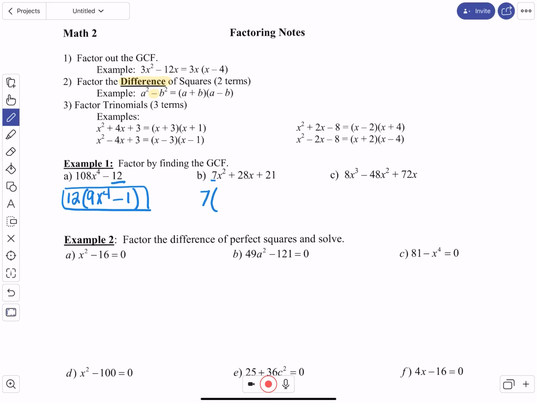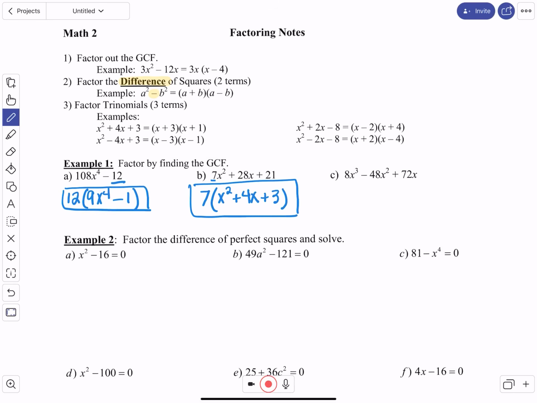So 7 divided by 7 is 1, so that's just going to be 1x squared. 28x divided by 7 is going to be 4x. And 21 divided by 7 is going to be 3. And that's my answer for that one.